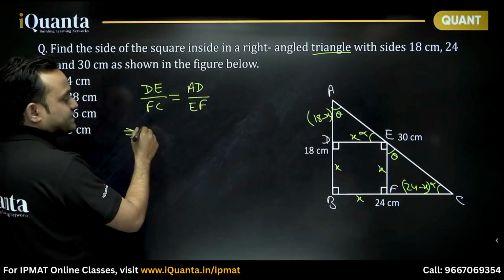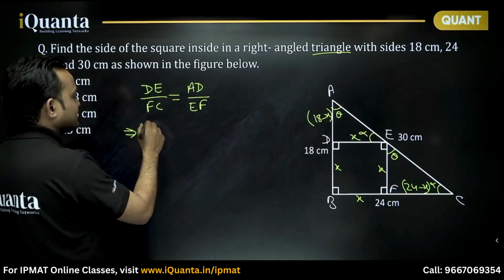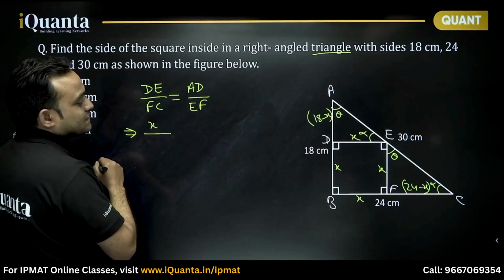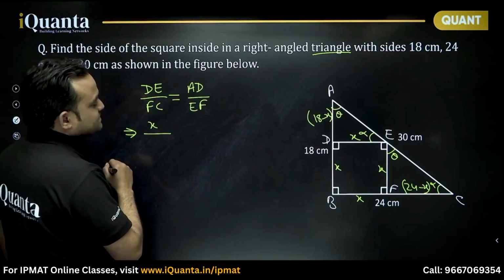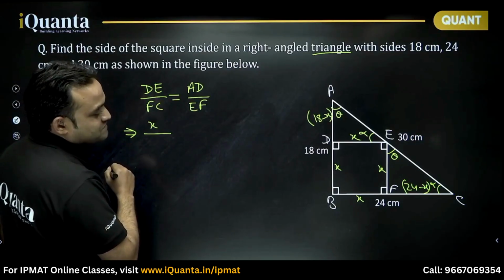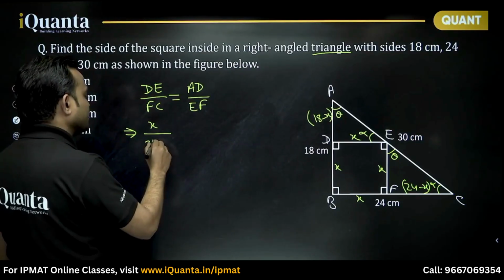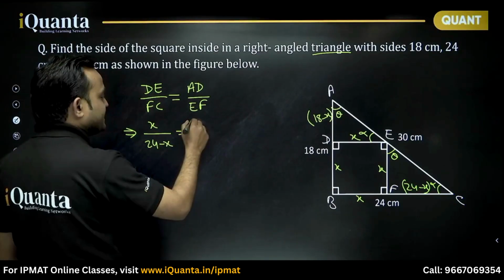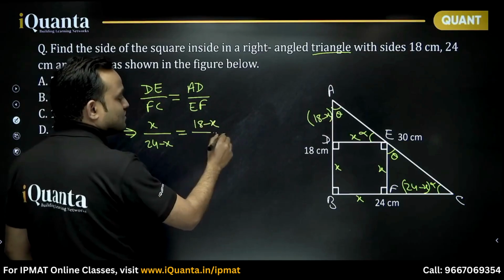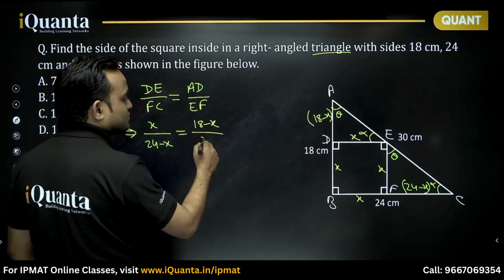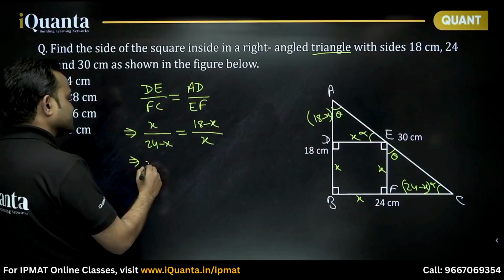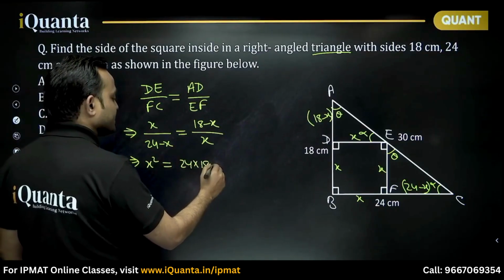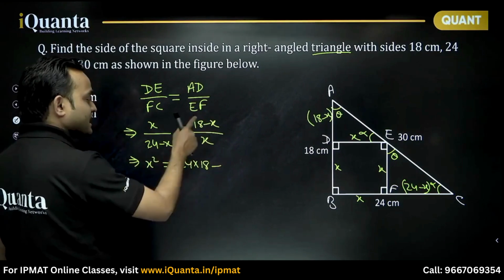From here we can write DE is equal to x, and FC is equal to, what is FC? It is equal to 24 minus x, is equal to AD, what is AD? So 18 minus x. What is EF? EF is also x. So from there we can say x square is equal to 24 into 18 minus 24 into x, 18 into x.